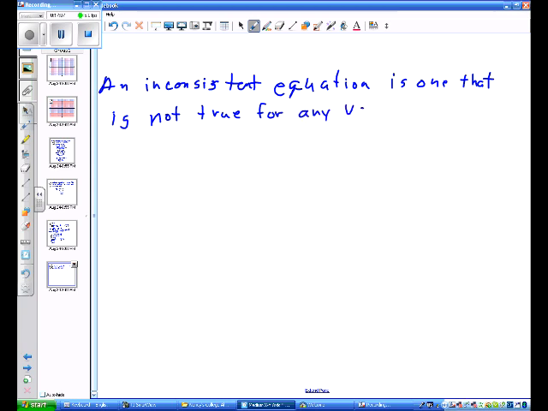And when we get into our systems of equations, we'll talk about our systems being named very similar to this. So this is not true for any value.